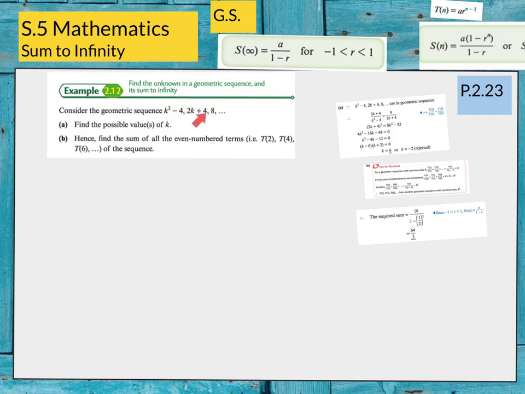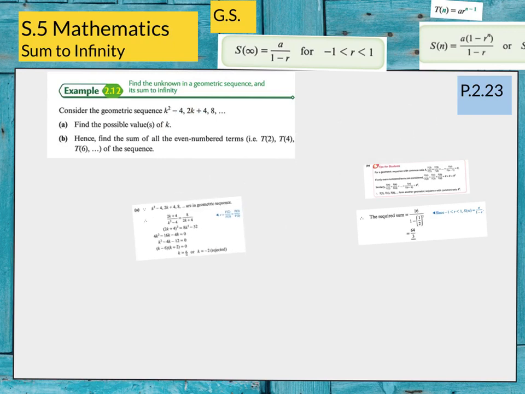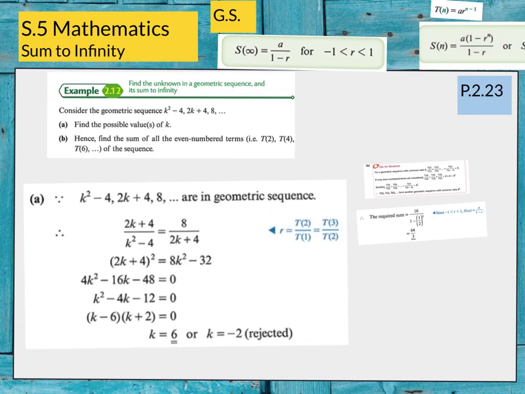This one we have learned before: we use t2 divided by t1 and also t3 divided by t2 to form an equation, because it is a geometric sequence.